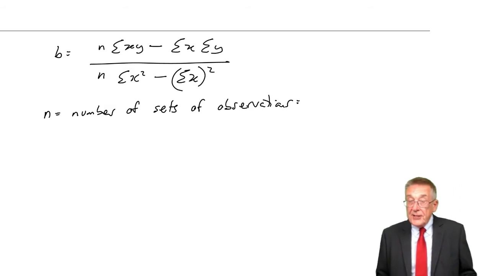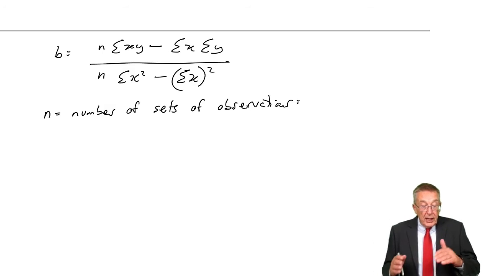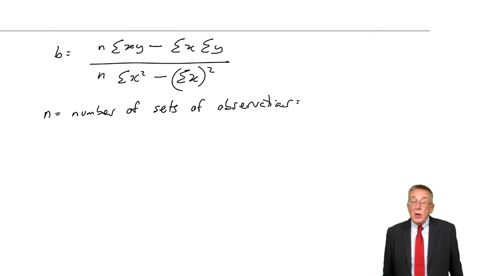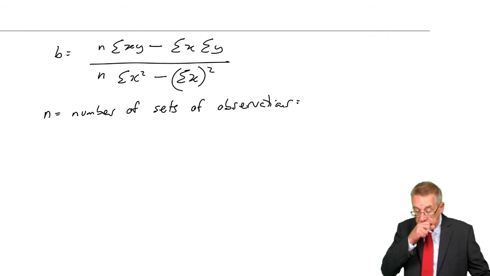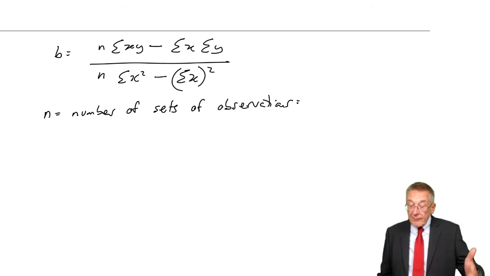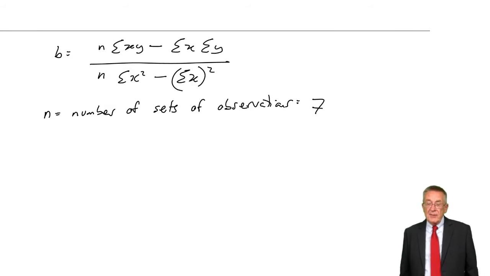Now what I mean there is, for this question, we looked each month. We had January 100, cost 40, February 400, cost 65, and so on. How many sets of observations were there? Well, one set for each month, January, February, March, April, May, June, July, is what? 7 months. That's an easy one. The number of sets of observations.